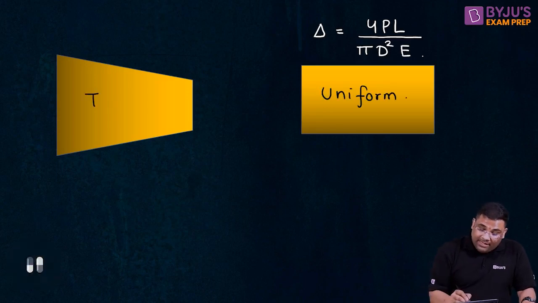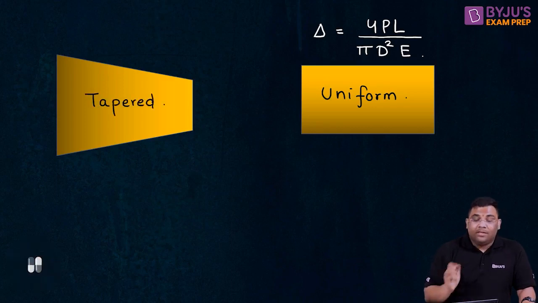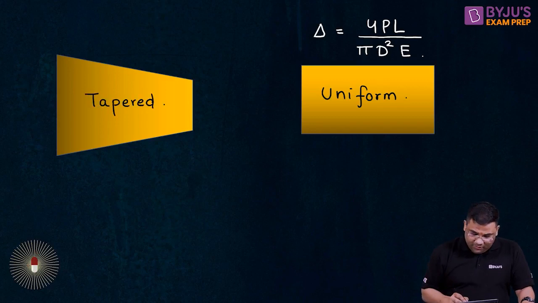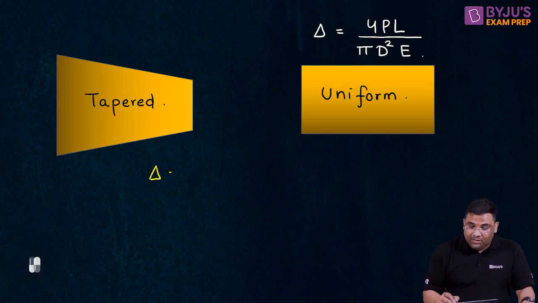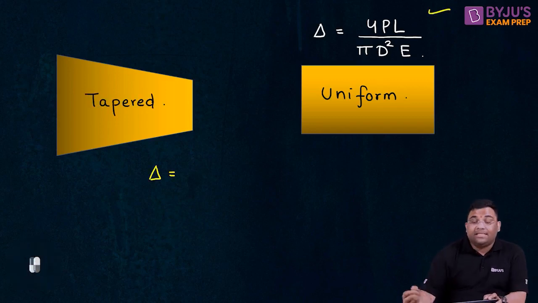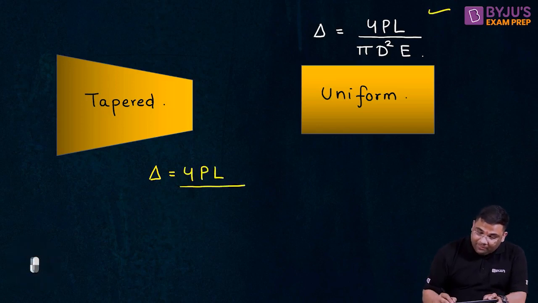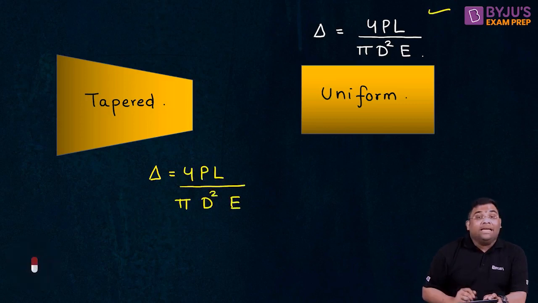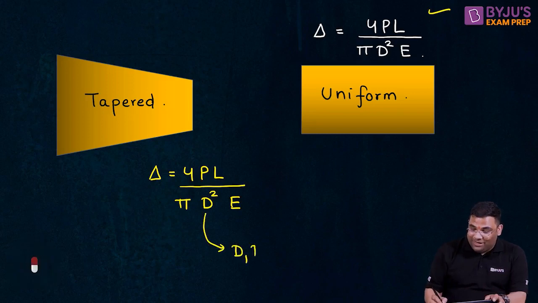Now if we have a tapered cross-section, very simple. Write down the expression. The expression is the same as this: 4PL by pi d square into E. In place of this d square, write d1 d2.